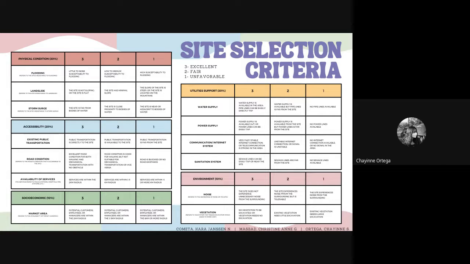The physical condition refers to the site's resistance against flooding, landslide, and storm surge. Under accessibility, we have existing public transportation, road condition, and availability of services, which refers to the hospitals, the malls, etc.